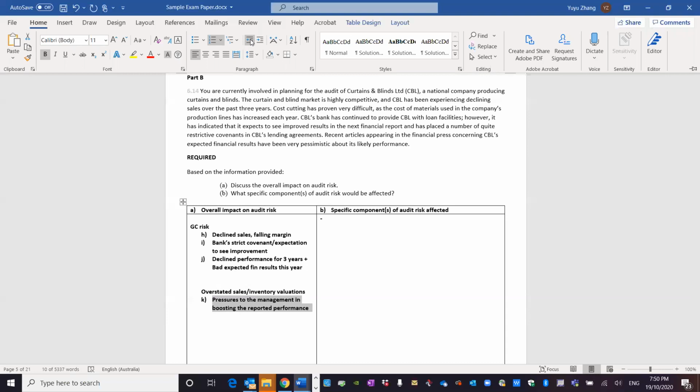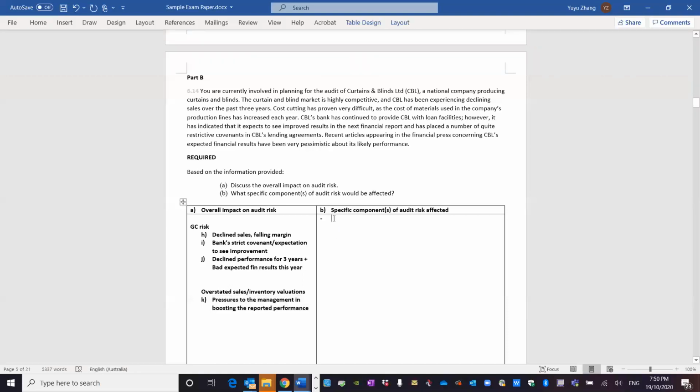If here you just discuss one impact on the audit risk, which one you want to put in? Probably the going concern, as it's the more serious one. Yeah, because actually the second one is the financial consequence of the first going concern one, I guess, right? So if you can only provide one, you will choose going concern, but in this question, it's okay if you choose both.